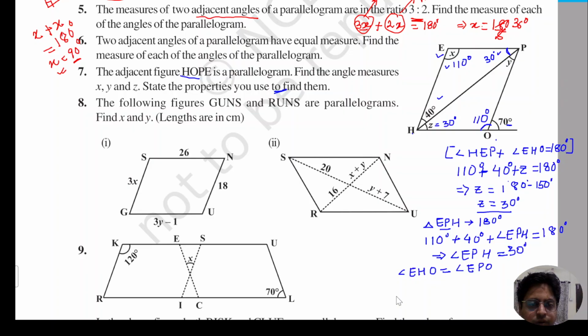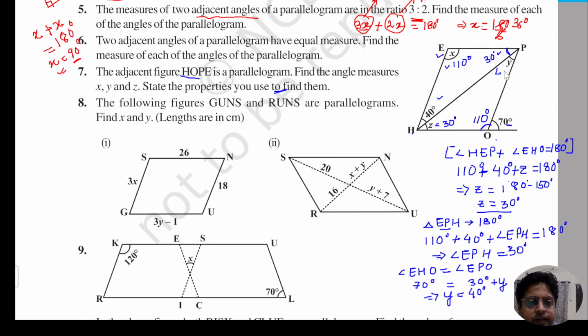So angle EHO is 40 plus 30, that is 70 degree. 70 degree is equal to 30 degree plus angle Y. Therefore, Y is going to be 40 degree.